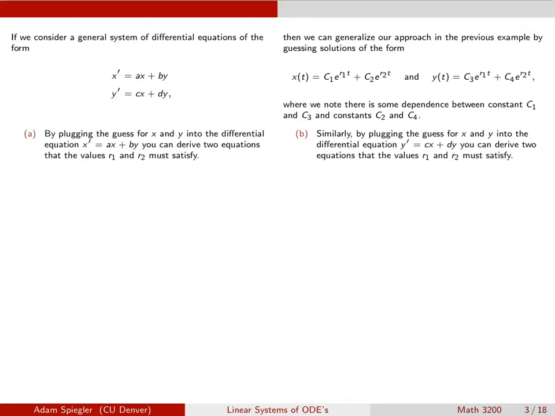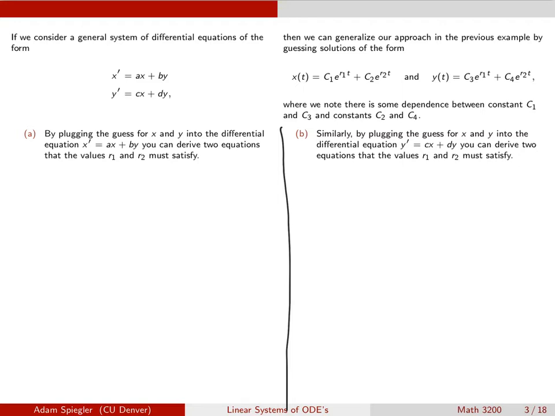So I want to develop a similar general method that we can apply to figure out what are the conditions on these values r1 and r2 in order to figure out what our solutions are. So first I want to start with this equation for x prime, and I'm going to plug in our suggested form of the solutions for x and y up here and see what some of the resulting conditions are.